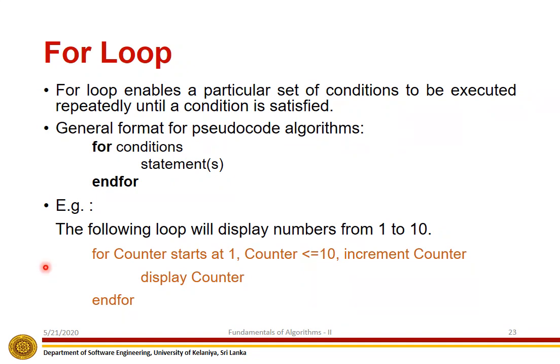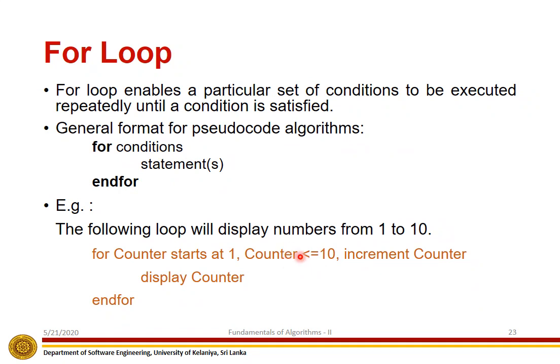Here, first the counter starts with 1, then check the condition: 1 is less than 10. Then jump to the statement, display the number, it means display 1. Then jump to increment counter, increment by 1, then again go check the condition.